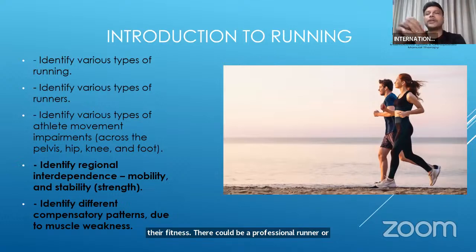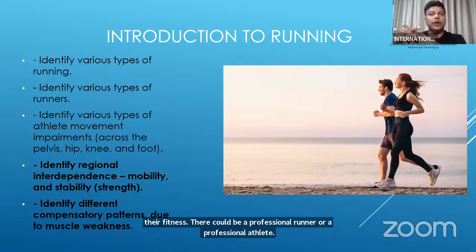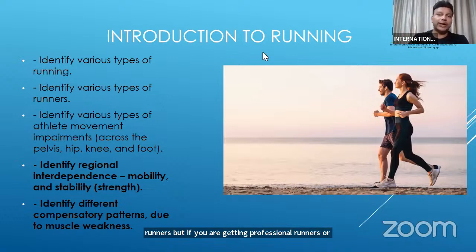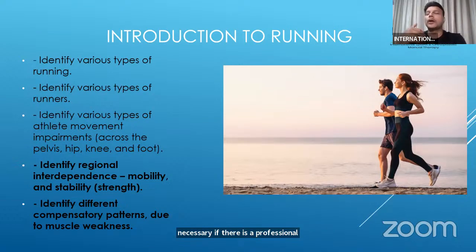If I'm sitting in my orthopedic and sports clinic over here, mostly, yes, we do get amateur runners. But if you are getting professional runners, or if you're working with a lot of professional runners, make sure that you follow all these criteria. There are various types of runners as well, whether a 100-meter sprint, 400-meter sprint, marathon runner, any type of runner, they can have certain movement patterns.